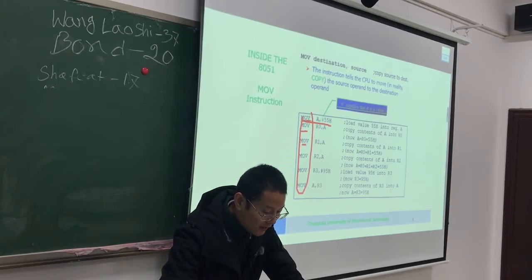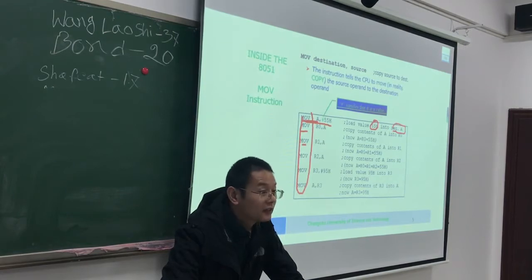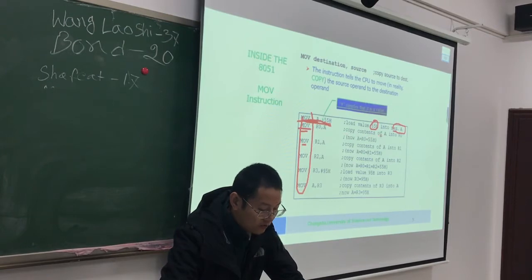The first line moves a constant 55H, the value 55H, into register A. Move this value to register A. Move R0, A: copy the contents of A into R0. Move R1, A: copy A into R1.